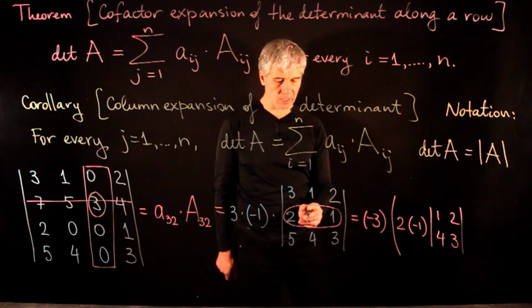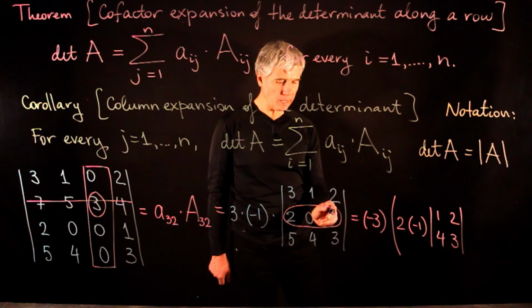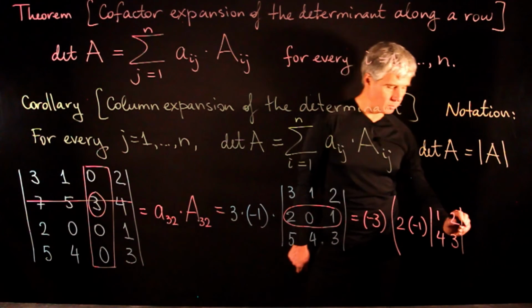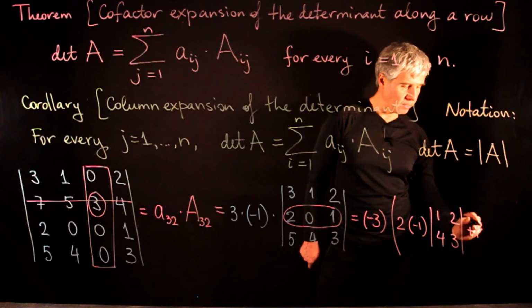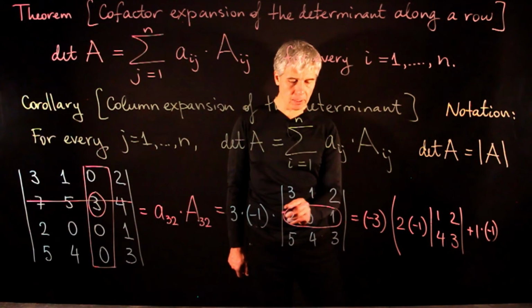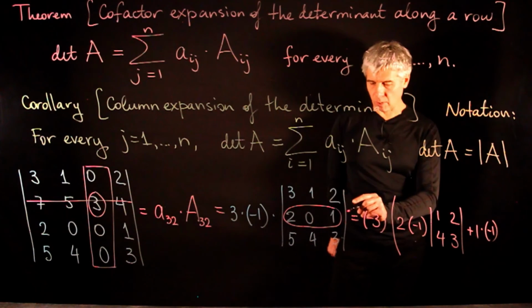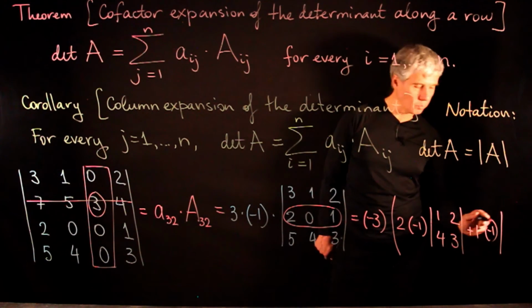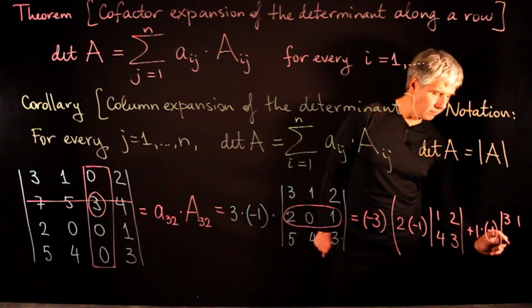The next entry is going to be 0, and one more entry will have this 1. So we have +1. The sign again is -1 here. And if we remove the second row and the last column, then the 2 by 2 determinant will be 3, 1, 5, 4.